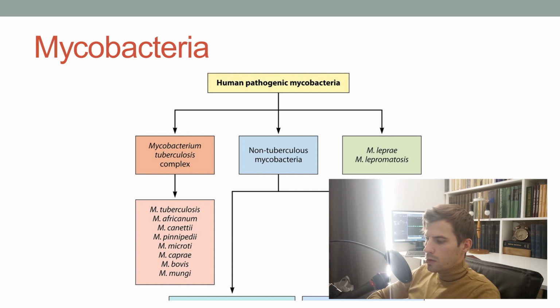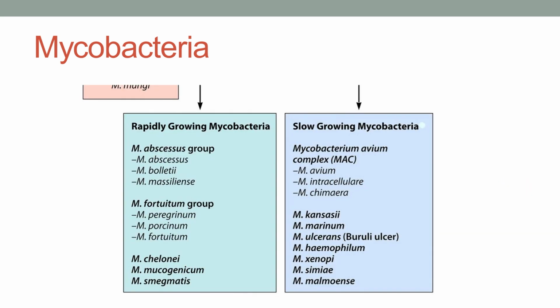The second one is non-tuberculosis Mycobacteria, and this group of bacteria is usually causing skin infections or intradermal infections, and Mycobacterium lepra is causing leprosy. But the main disease we'll discuss tonight is tuberculosis.